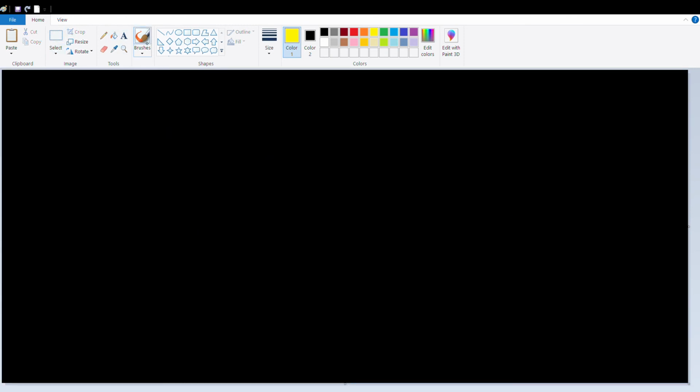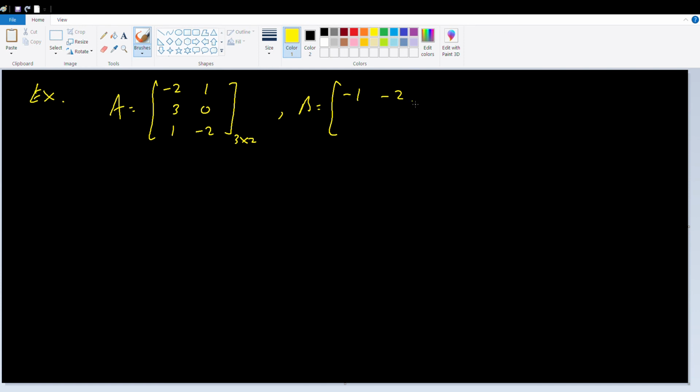Let us have an example. Say A is equal to negative 2, 1, 3, 0, 1, negative 2. So it's a 3 by 2 matrix. And let B be equal to a 2 by 3 matrix: negative 1, negative 2, 1, 1, 0, 3.